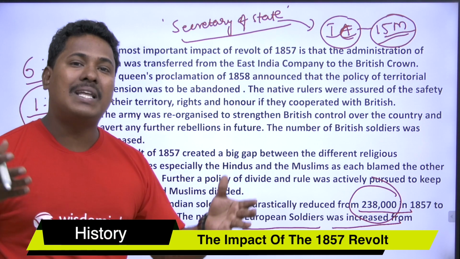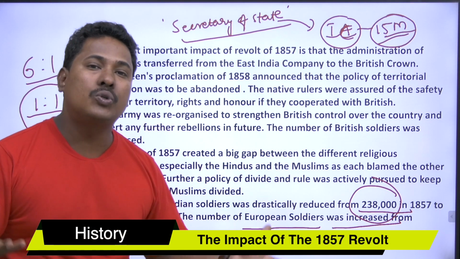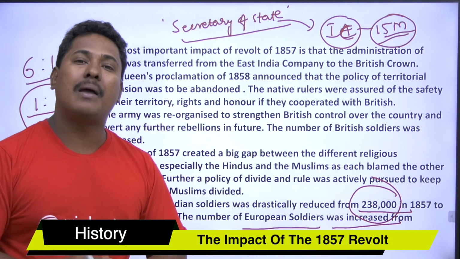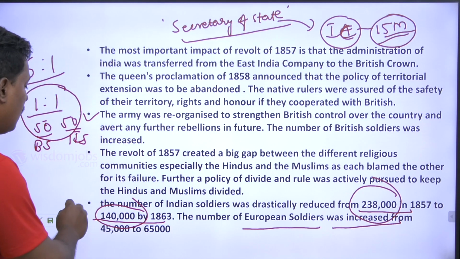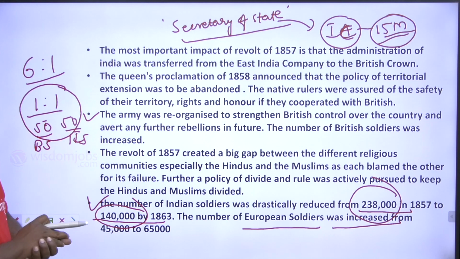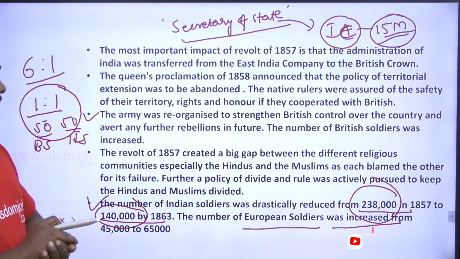This is how the number of British soldiers increased while the number of Indian Sipais decreased, and this is also one of the major impacts on the British army after the revolt.